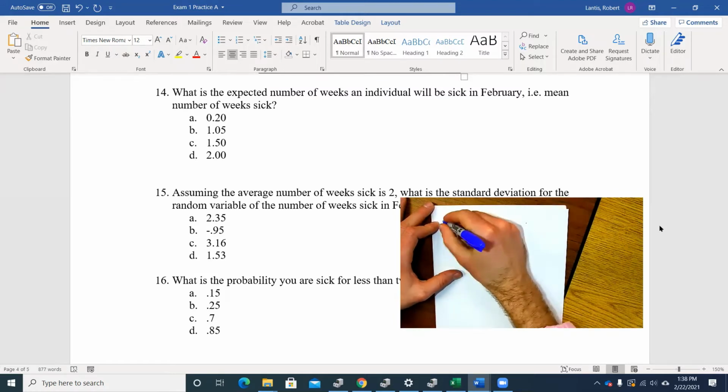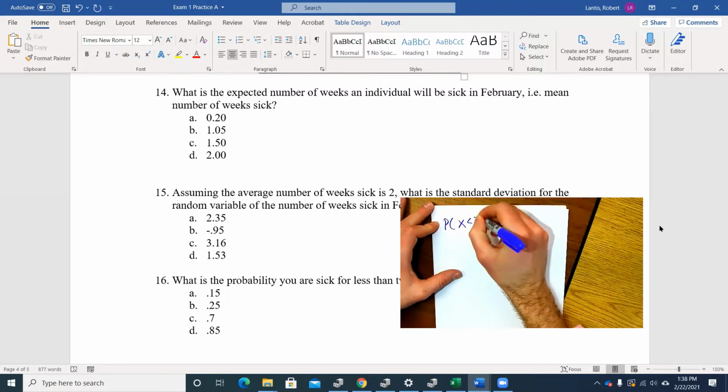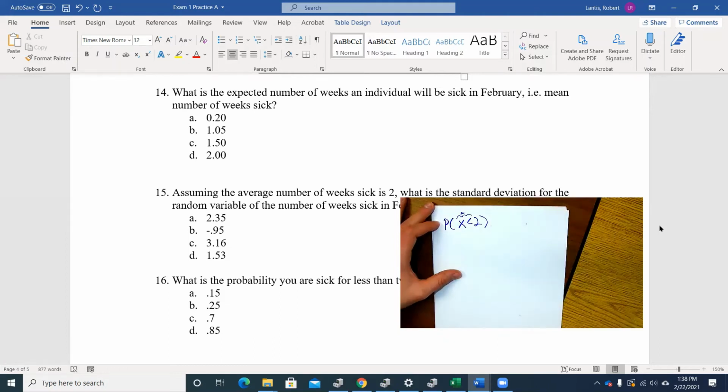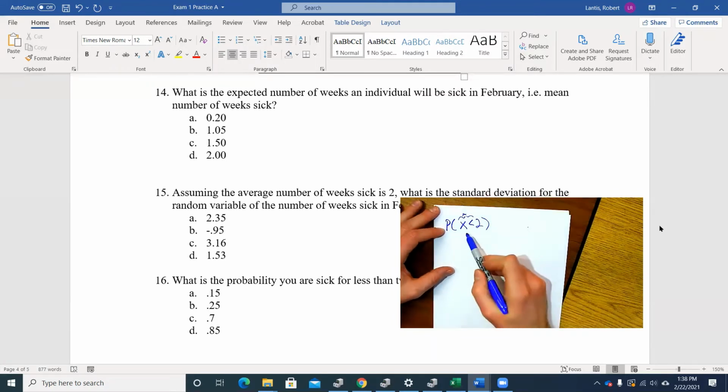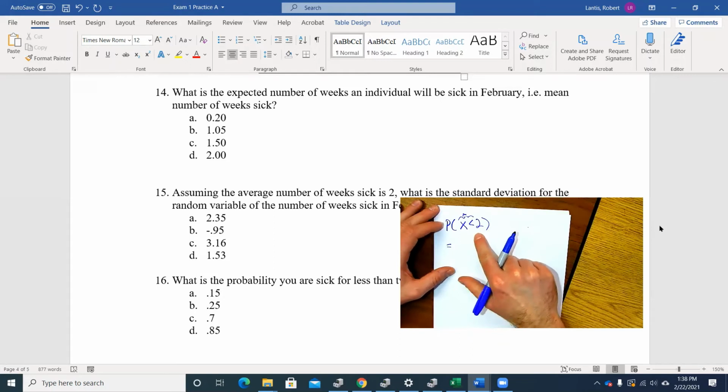So if I want the probability that X is less than 2, and I think about this as event A, well, these are mutually exclusive events. I can't see somebody be sick for 0 weeks and sick for 3 of the weeks, right? So what I'm going to do is think about all the possible outcomes that meet this criteria, and add up the probability of each one of those outcomes.